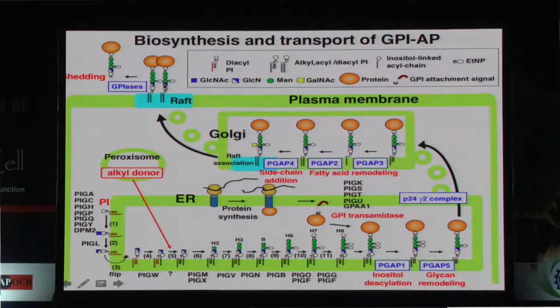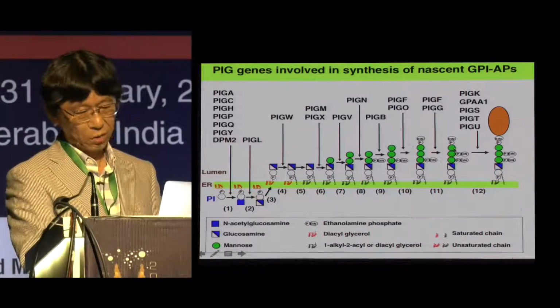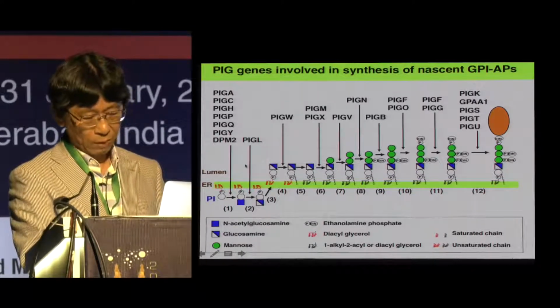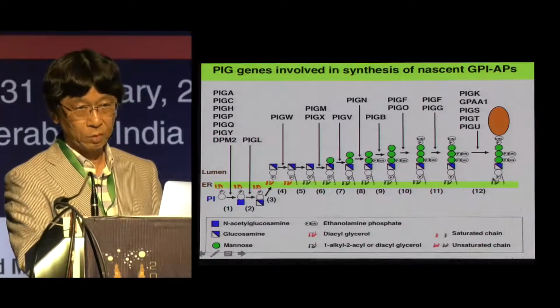And some of the GPI-anchored proteins can be cleaved within the GPI-anchor by GPI-ases and shed to the extracellular environment. So if we look at the biosynthesis pathway more closely, this pathway requires more than 20 gene products for the biosynthesis of the GPI and its attachment to proteins.